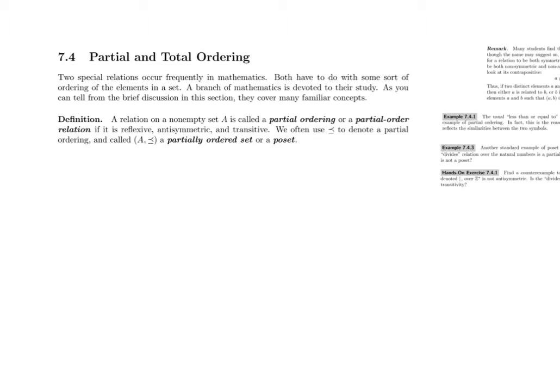Alright, so a partial ordering is a specific type of relation that has the properties of being reflexive, antisymmetric, and transitive. Again, this is a relation on one set, A, that we assume is non-empty. And the notation we use for a set that has a partial ordering is this kind of curly equal sign.